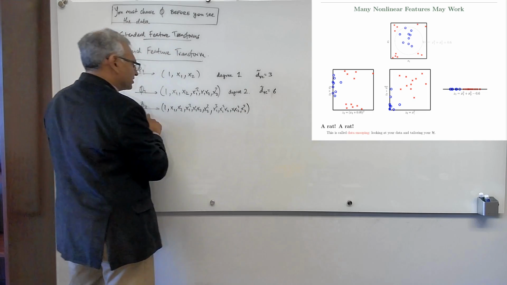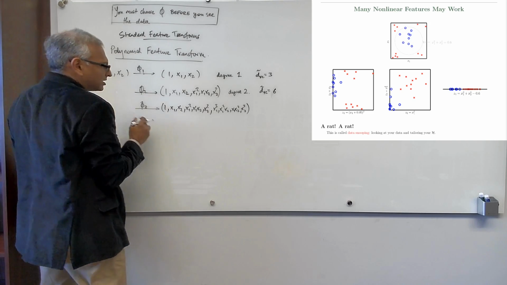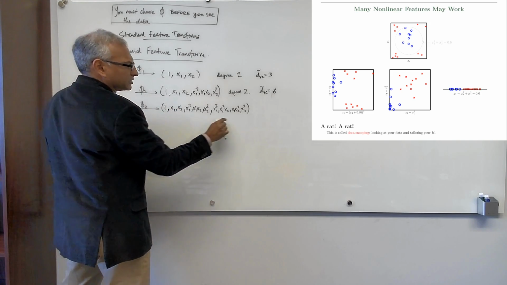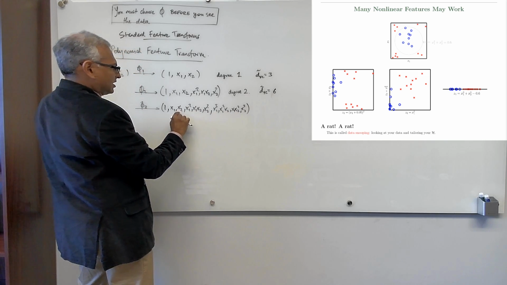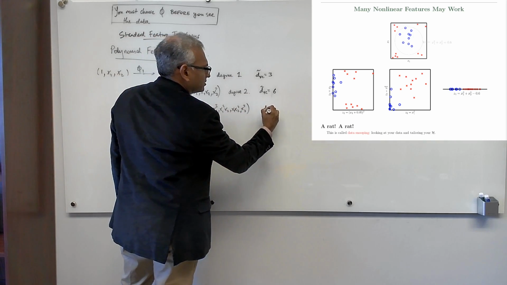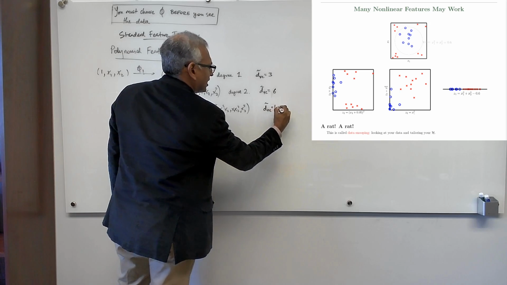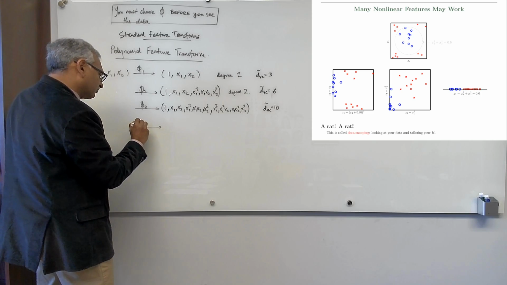So this is the degree 3 polynomial transform for the two-dimensional original input. And you see that what we have now is a 9-dimensional space, and the dVC tilde is 10.